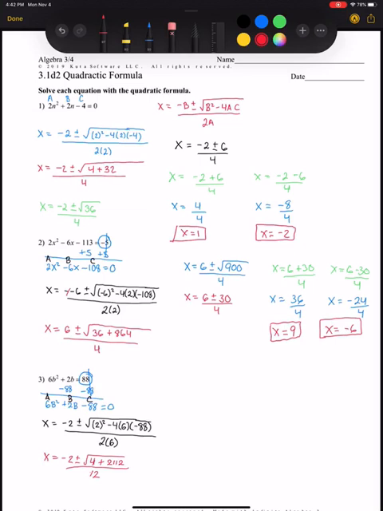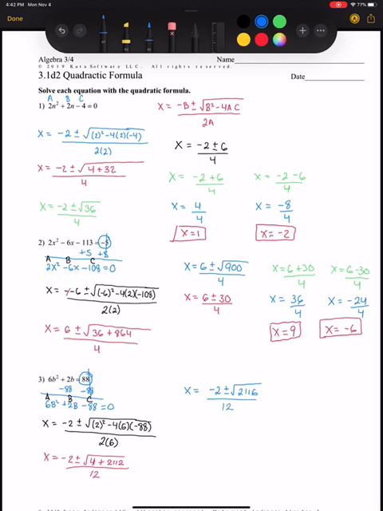So we have x equals negative 2 plus or minus the square root of 4 plus 2,112. Writing the wrong thing here. 4 plus 2,112 is going to be 2,116 divided by 12.